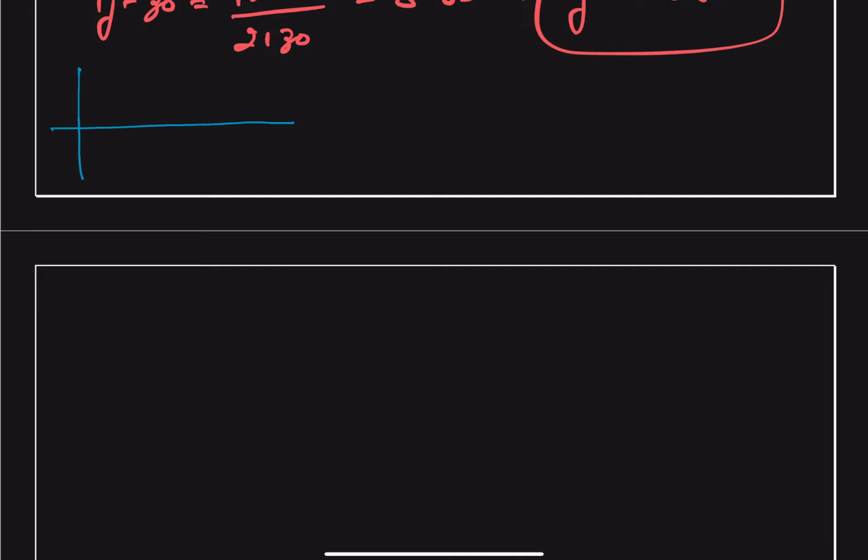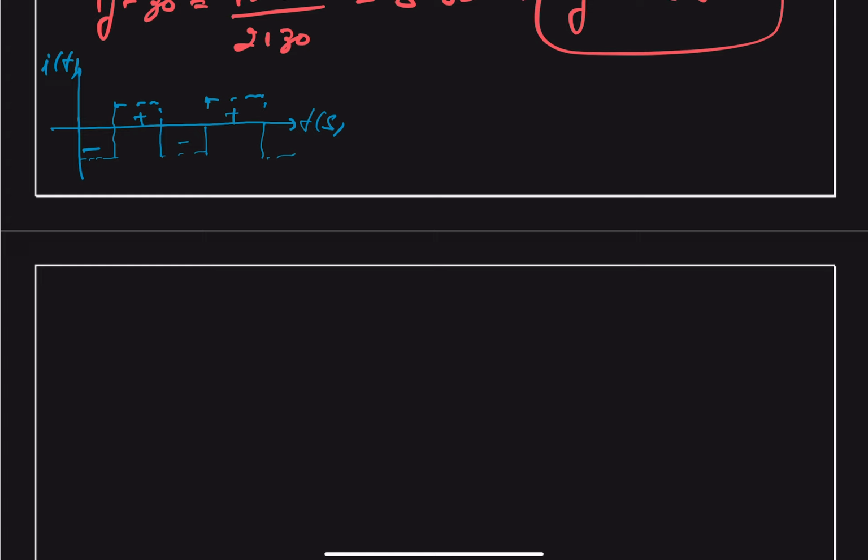So this is our time in second. Here we have our current. It is going to alternate something like this, and this will be negative, positive, negative, positive, and so on.